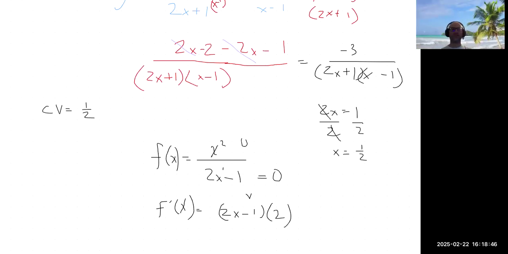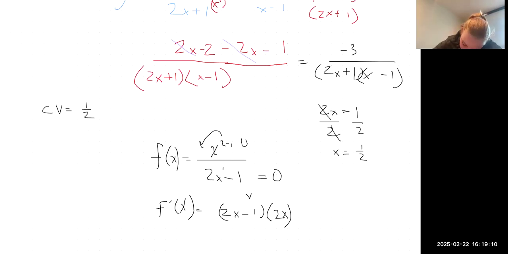Did I lose track of that? We're actually doing the original of the bottom times the derivative of the top. That's supposed to be 2x, because the 2 comes down in front and then we subtract 1.